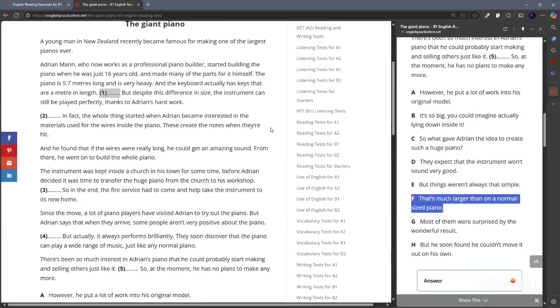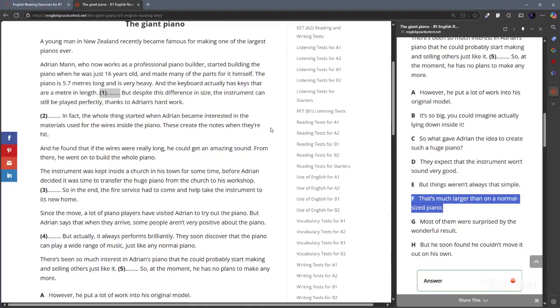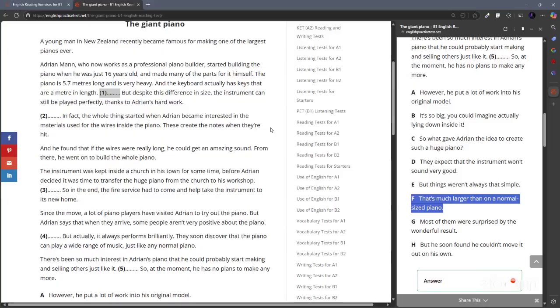"And the keyboard actually has keys that are a meter in length." What are we talking about? This sentence. We are talking about the size of the keys.